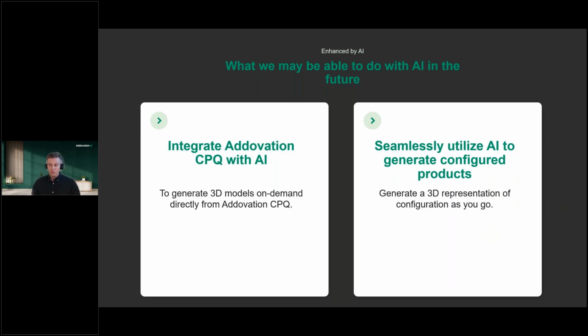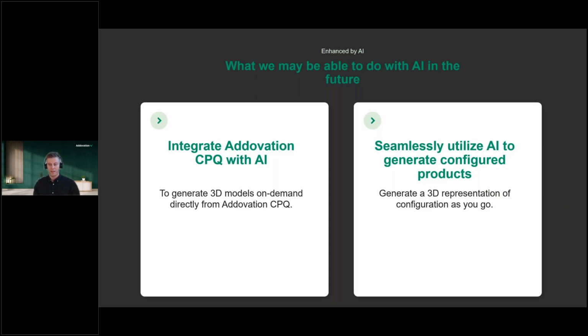Also in the long run, I feel optimistic that we can see some very powerful and useful functions available to us by seamlessly utilizing AI in our products. In the CPQ, for example, you could probably upload a photo of your own house or your own garden and then start designing your conservatory, as I did with the previous example, in your own environment.